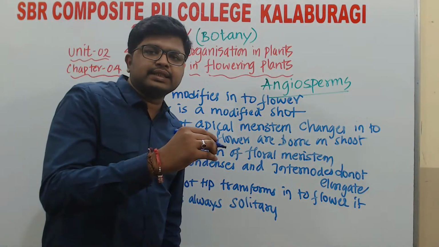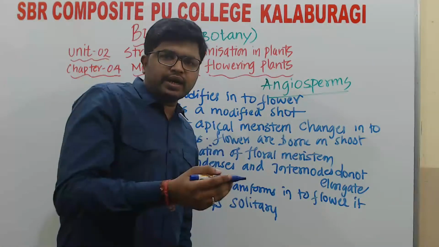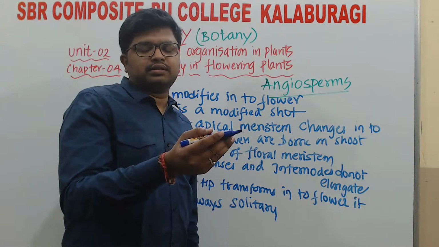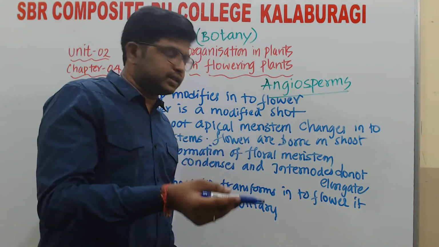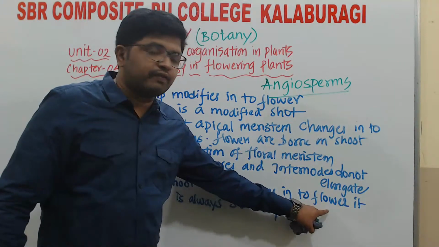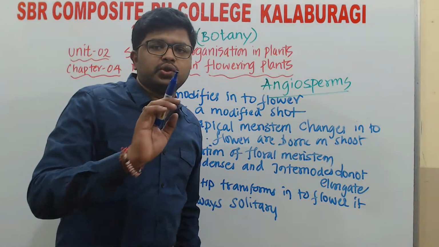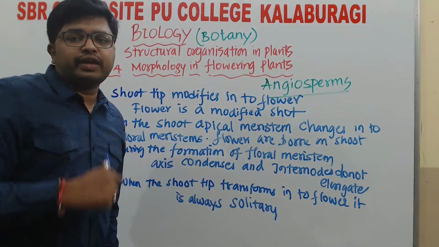But an axis can have flowers either singly or in clusters. But when a shoot tip transforms into a flower, it is always solitary. Remember this.